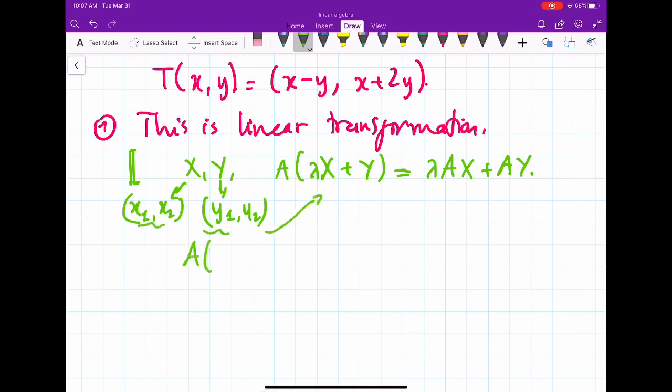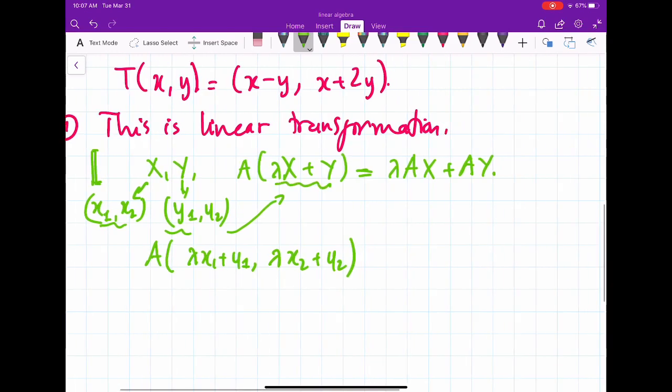I have T of (lambda x1 plus y1, lambda x2 plus y2), because I just add the two vectors here.